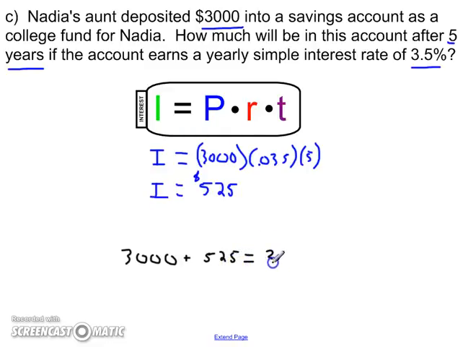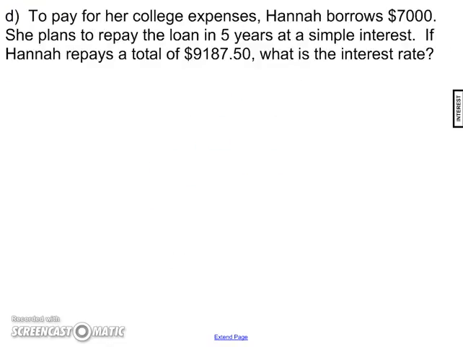And so the total will be $3,525. So that is the solution to our problem in this particular case. We used our formula, we inserted the information that we knew, we found the thing that we didn't, and used it to answer our problem.